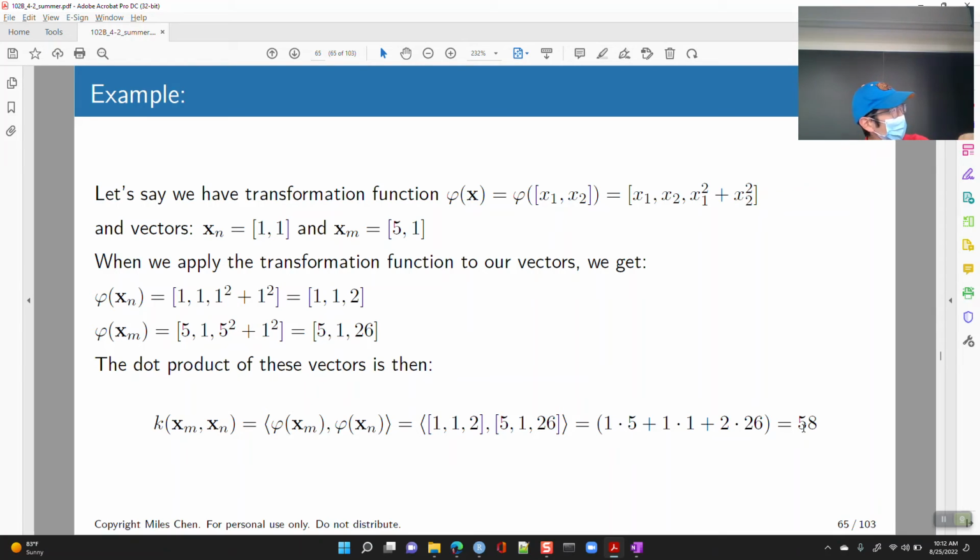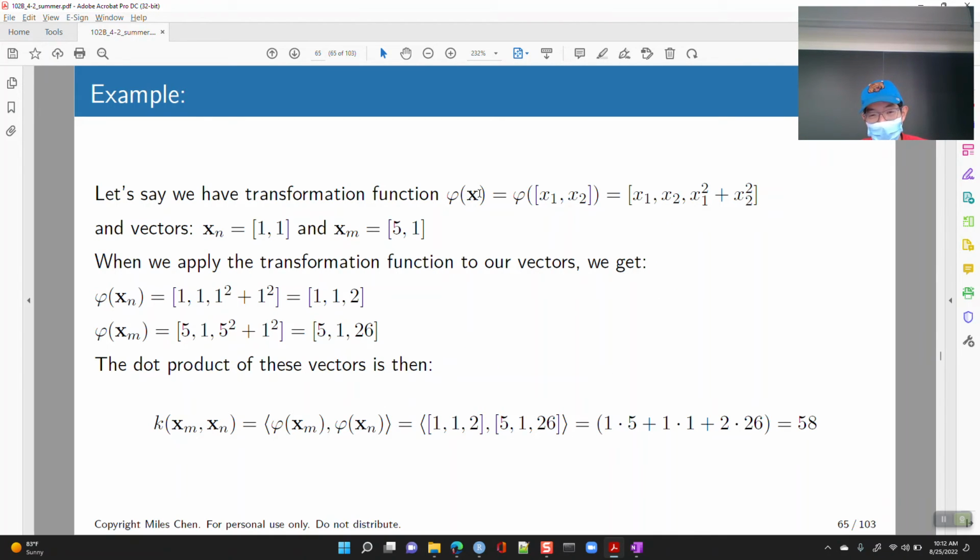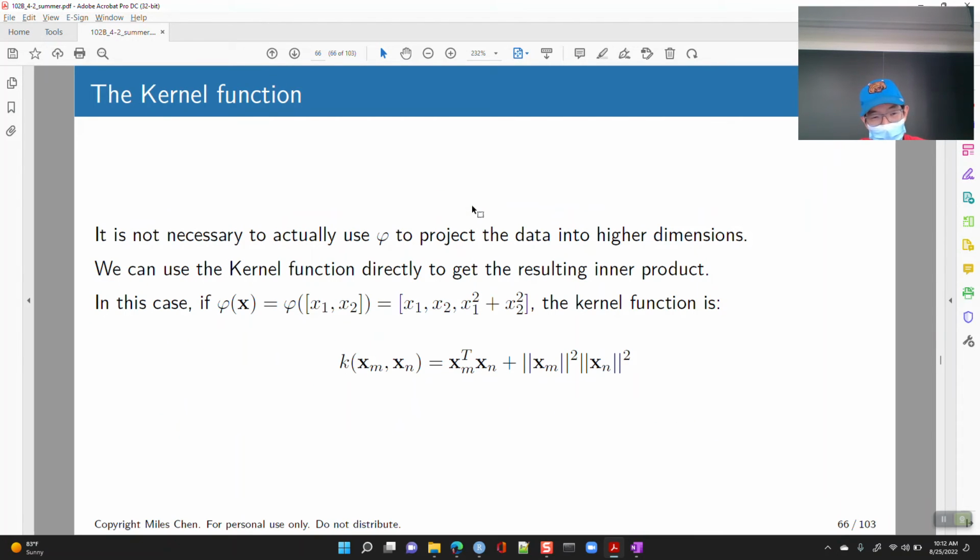Okay. So the thing is, sure, we could go through this process of transforming it into 3D and then taking the dot product, but we also don't have to do the transformation and take the dot product, right? So some of these transformation functions will have an equivalent kernel function, okay?